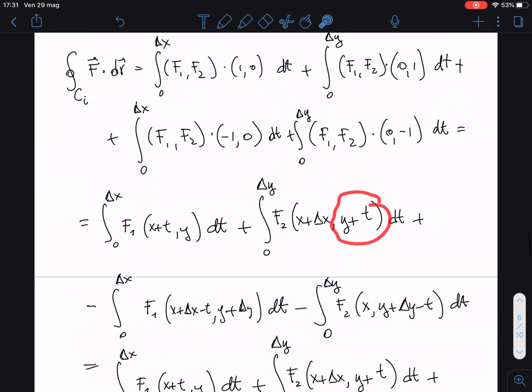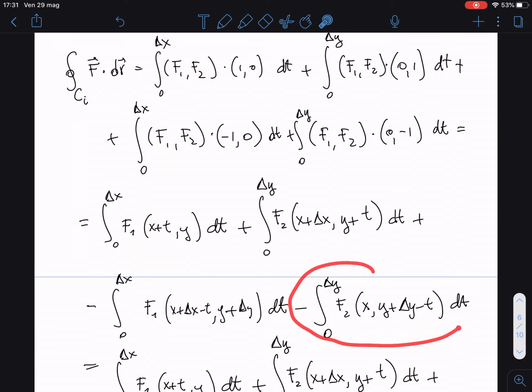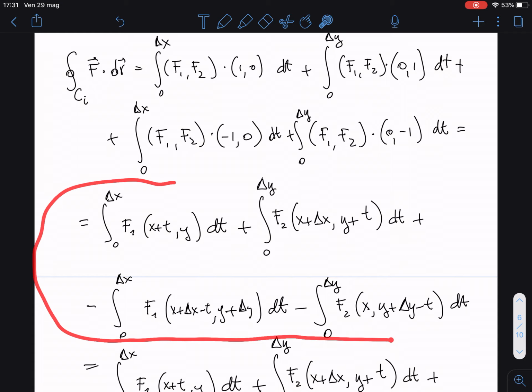Just that. For the third term, the result of the dot product is minus f1, and here inside just the coordinates. And then for the fourth, the only surviving term is minus f2. Okay, and this is the other passage.